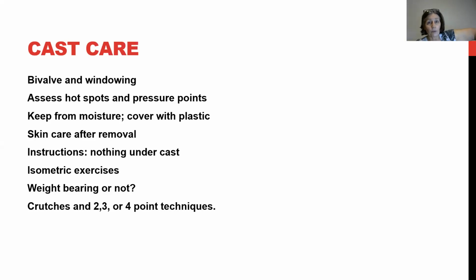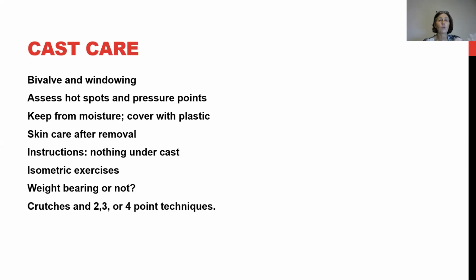They cannot submerge it in the bath, but they can keep it elevated on the edge of the tub while the rest of their body is in the tub, and it's covered with plastic to prevent it from splashing and dribbling and things like that. We'll tape it on the top and the bottom to seal off the edges so no water can get under that plastic covering. A trash bag will work with adhesive tape or plastic tape.